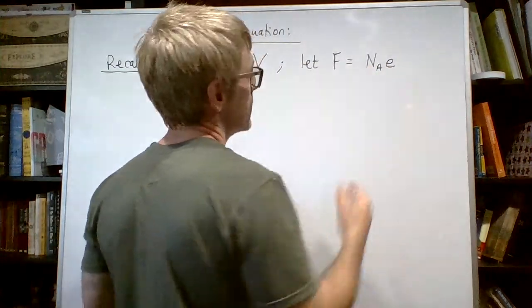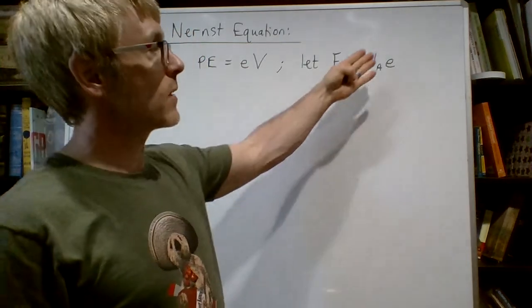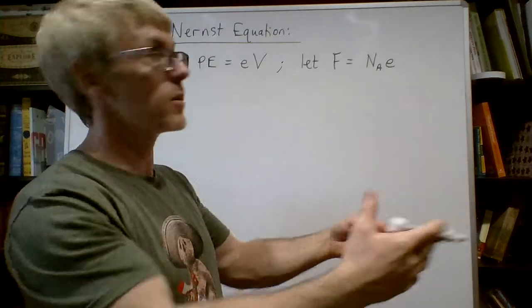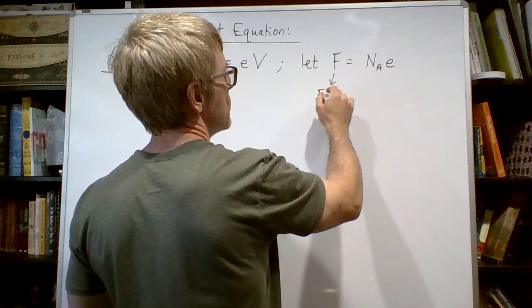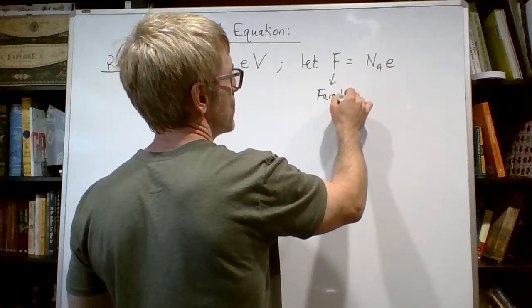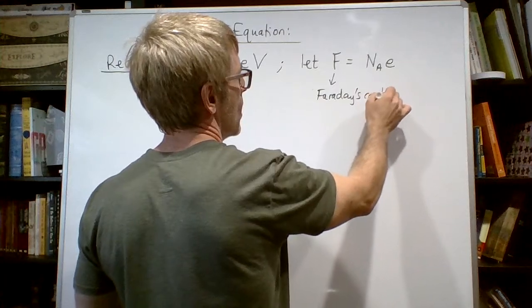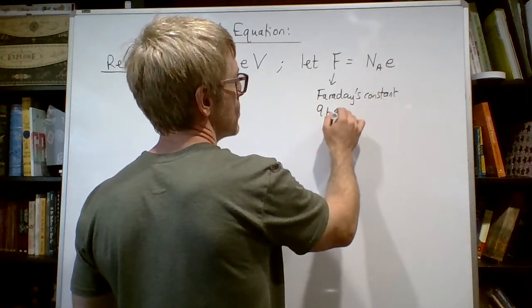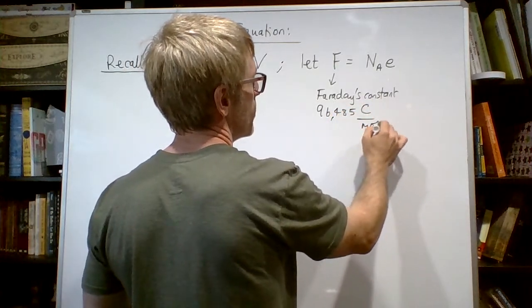So if we looked at units, instead of having coulomb per electron, we would have coulomb per mole for a mole's worth of electrons. And F here is just Faraday's constant. It has a value of 96485 coulomb per mole.